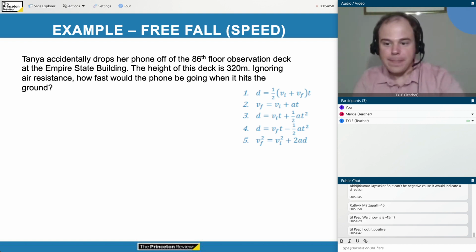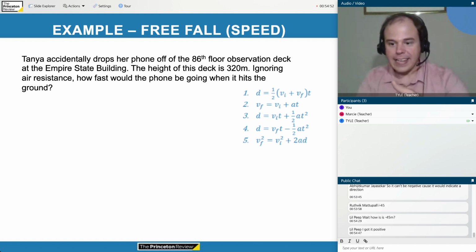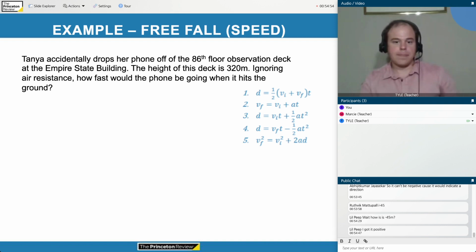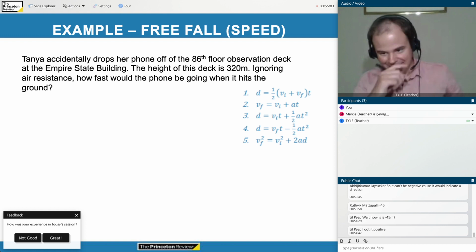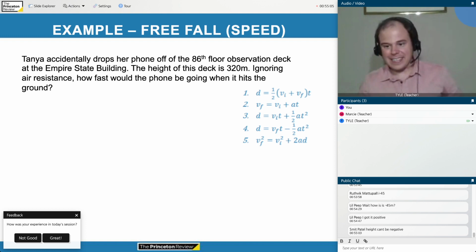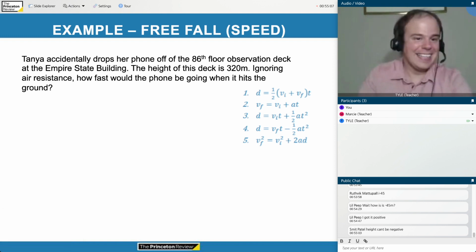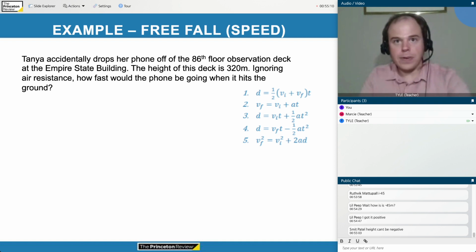And Lil Peep asks about whether it's positive or negative. Either one is possible. It just depends on which direction you choose as positive in the problem. So if you got positive 45, that's equally valid. Somebody had asked about whether we could choose things such that it's negative, and you could do that too.